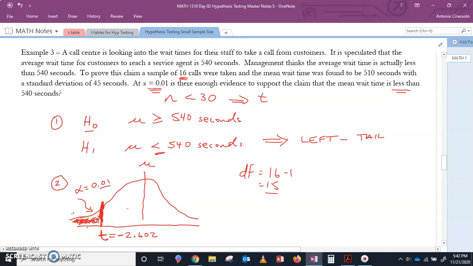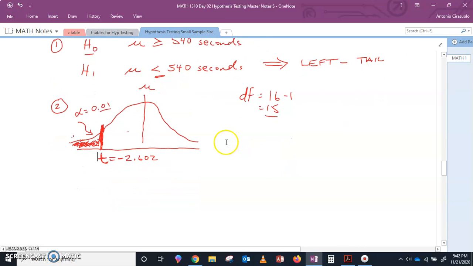Next, we're going to look at the t-score. So, we're going to perform the test. And once again, in this case, t is equal to the sample mean minus the proposed mean divided by standard deviation divided by square root of sample size.